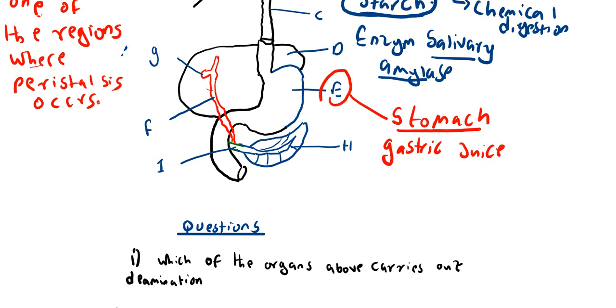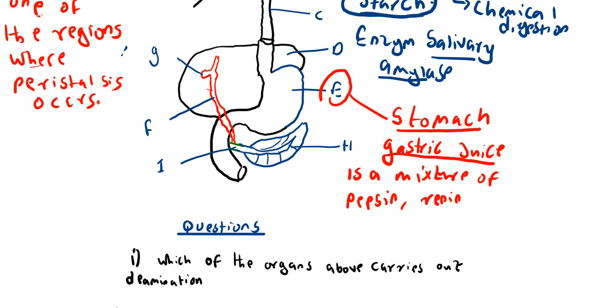You realize that the gastric juice that is being produced is basically a mixture. You can write this down: gastric juice is a mixture of pepsin, renin, and hydrochloric acid.